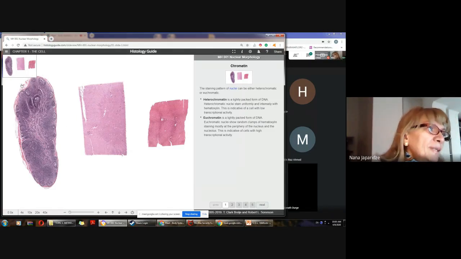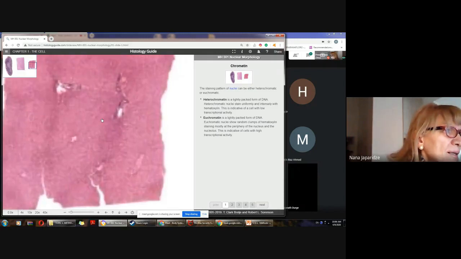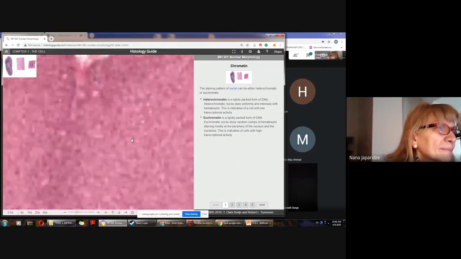So look here, this is lymph node. This is part of spinal cord. So lymph node and spinal cord. What is here? Liver.